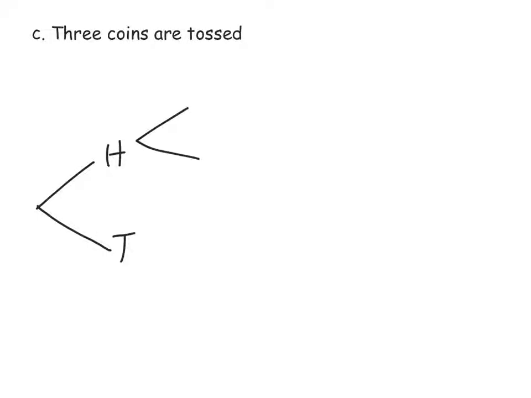You could also use what's called a tree diagram. Each set of what we call branches represents one flip. We need 3.